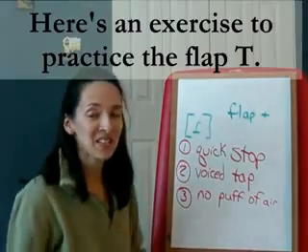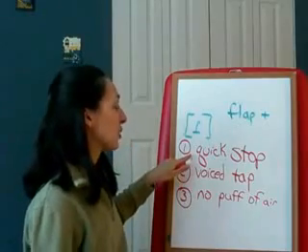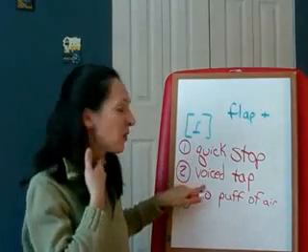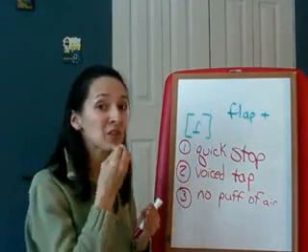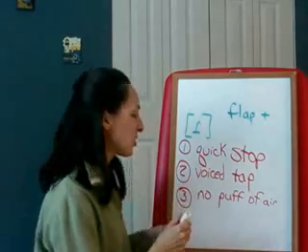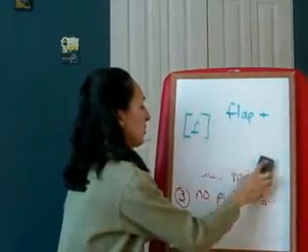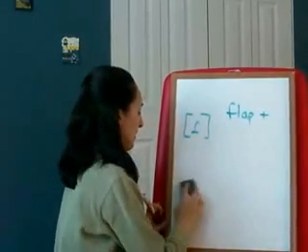Here's an exercise to help you practice making the flap T. We're going to do it quickly, we're going to use our voice, and we're going to make sure there's no release of that air in a puff. I want you to say one sound with me.